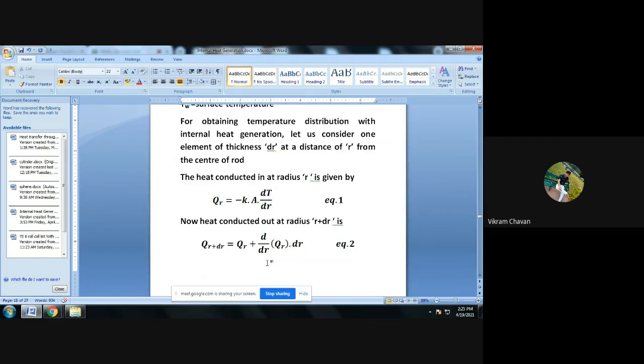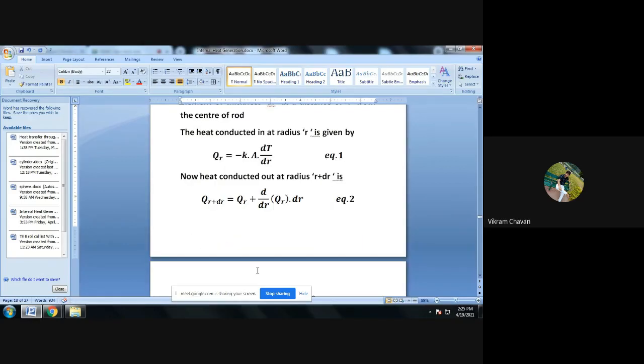Please write down this equation. Heat conducted out at a radius r plus dr is q suffix r plus dr is equal to q suffix r plus differentiation of q suffix r with respect to r multiplied by dr. So that will be our equation number 2.